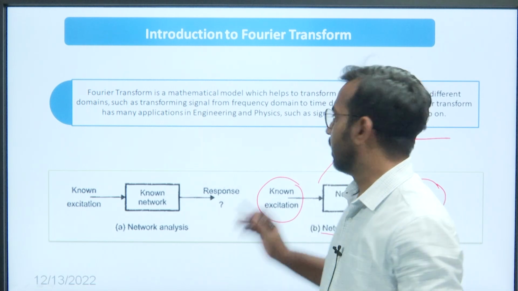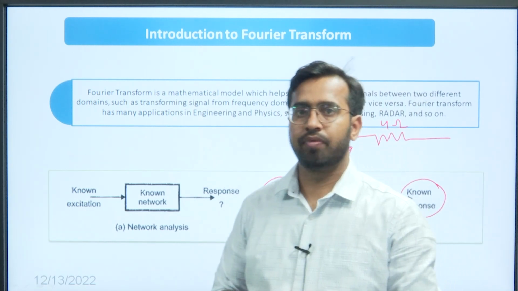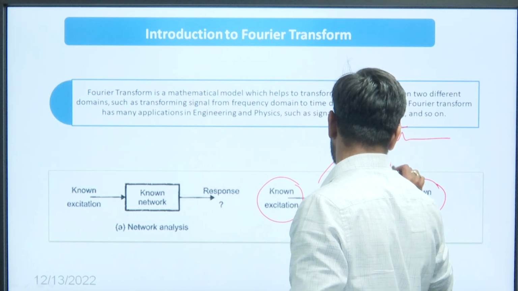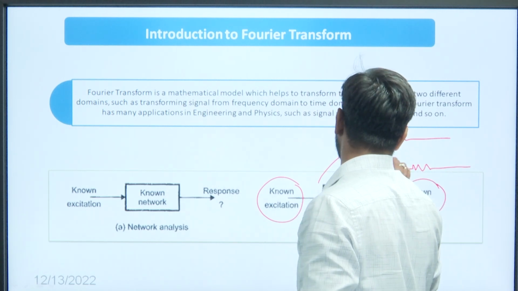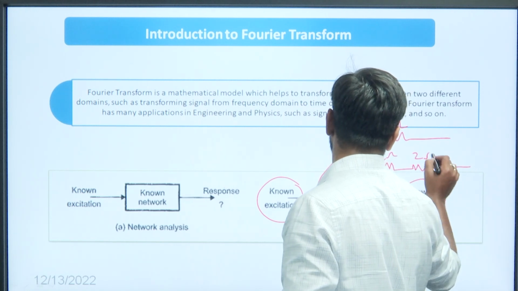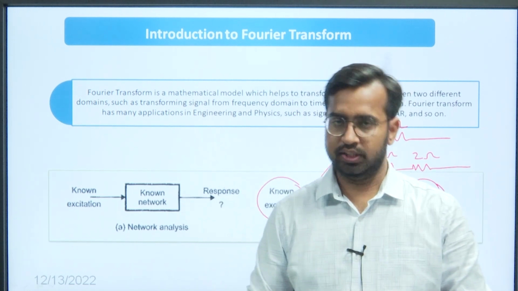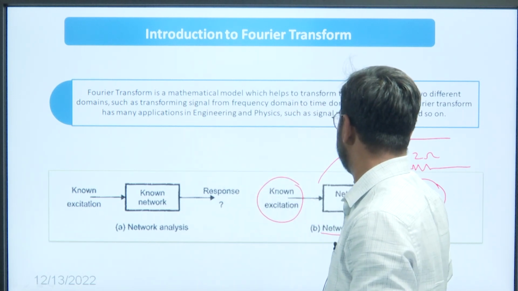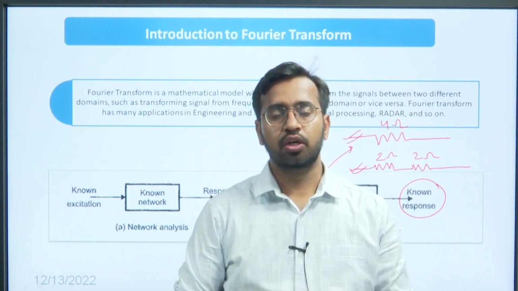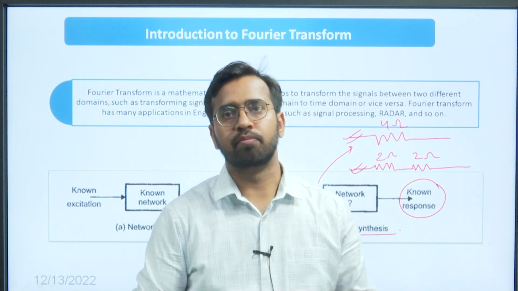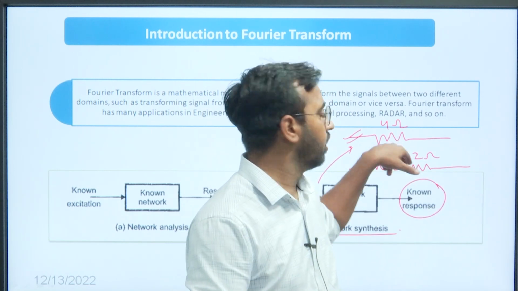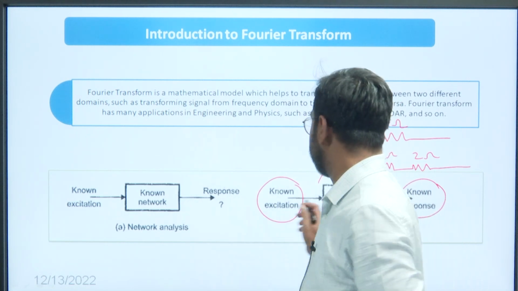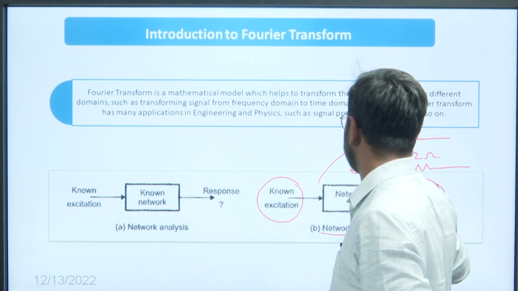One can say that the network is 4 ohm, but someone else can say it is a series combination of 2 ohm and 2 ohm. Although in both cases the final resistance is 4 ohm, in synthesis both are correct.